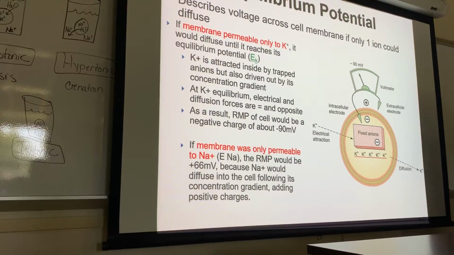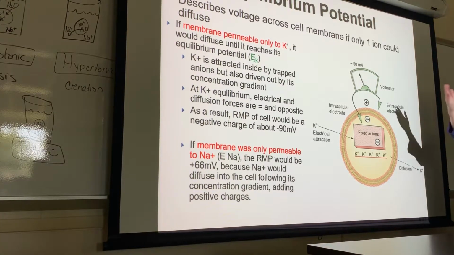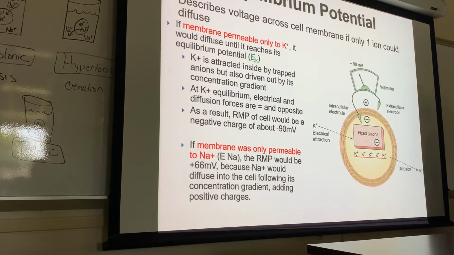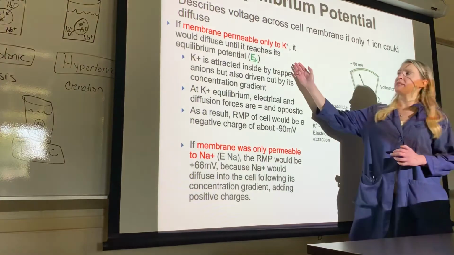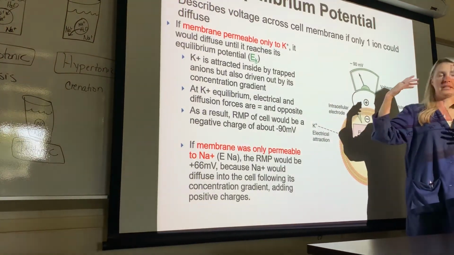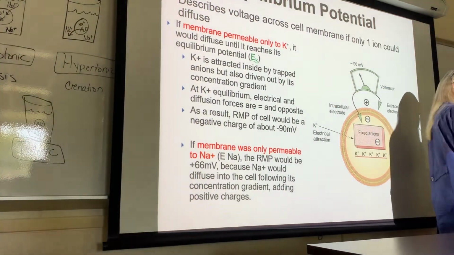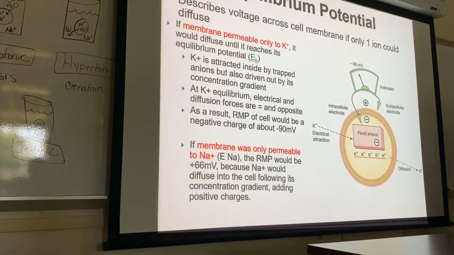So these are some of the things that establish that. Now, what this is explaining, this equilibrium potential, is what I explained to you earlier, which is if the membrane was only permeable to potassium, essentially it would diffuse out of the cell, going with its gradient.